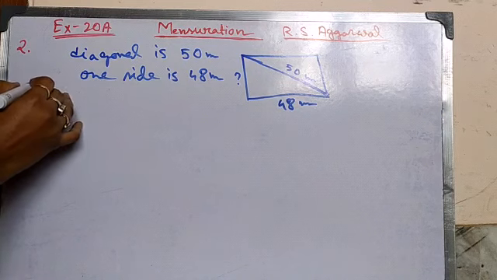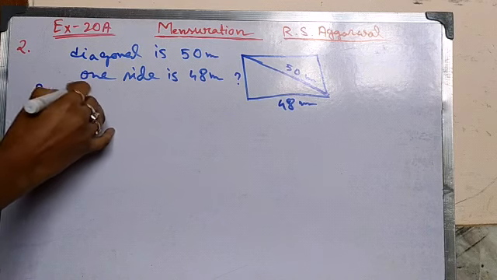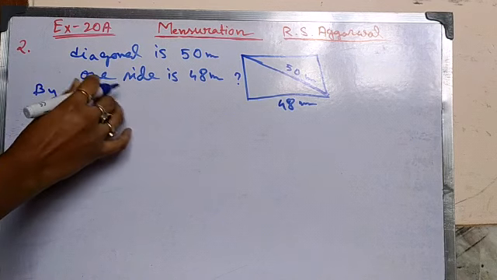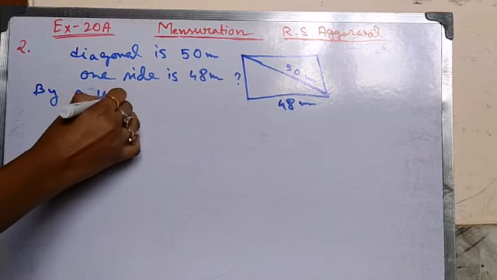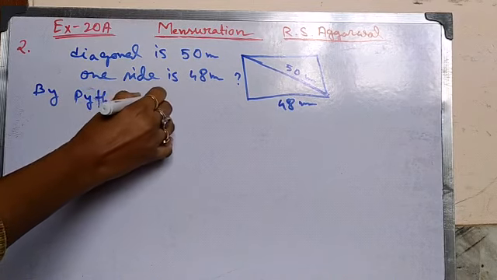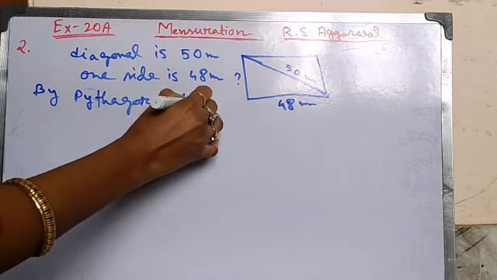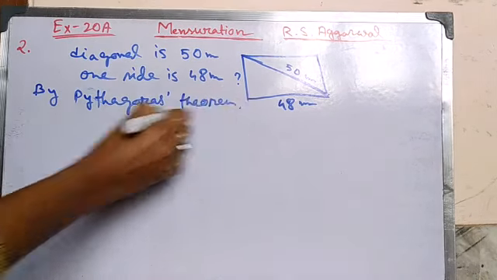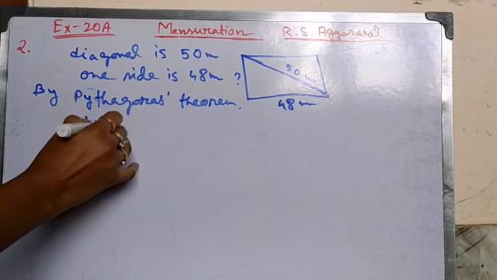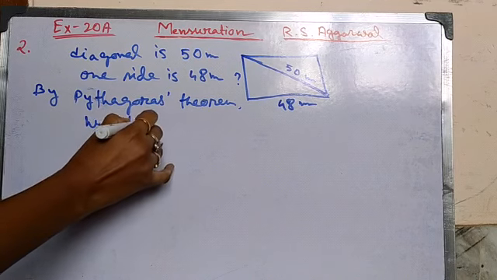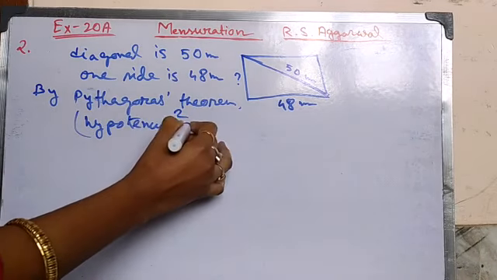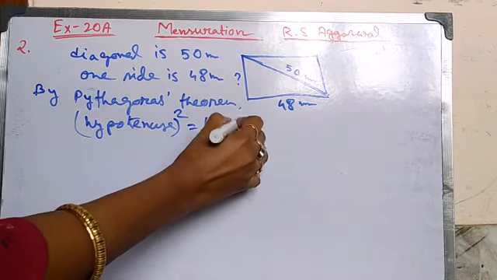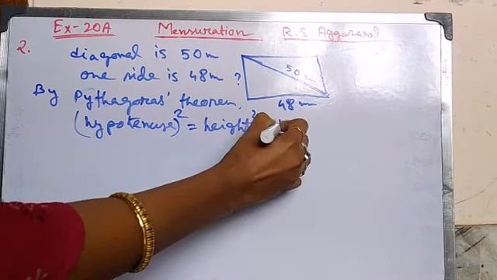So here we will write, by Pythagoras theorem, hypotenuse square equals height square plus base square.